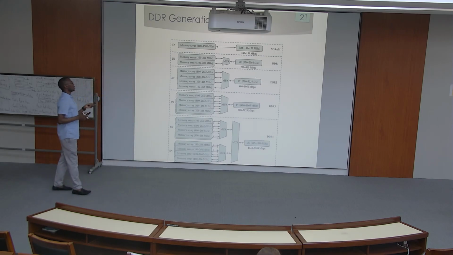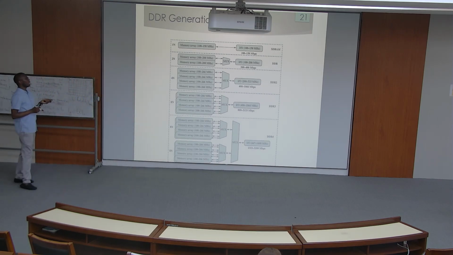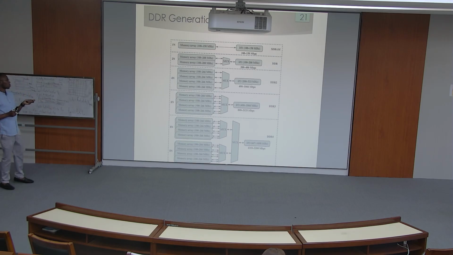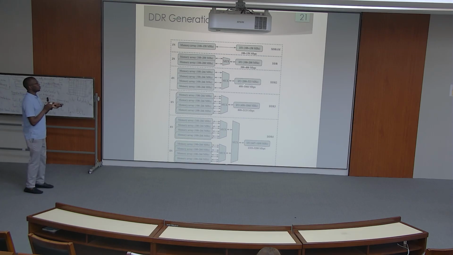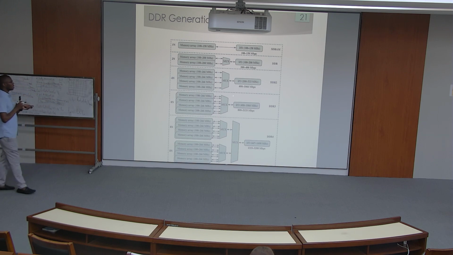Now, the next generation of the double data rate is DDR2, which uses 4-bit prefetch. As you can see, we have a multiplexer. Then we have the input-output data rate, which has been almost tripled. We have the data rate between 400 and 1066 megabits per second.